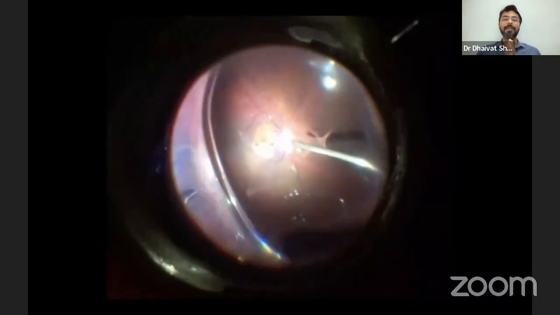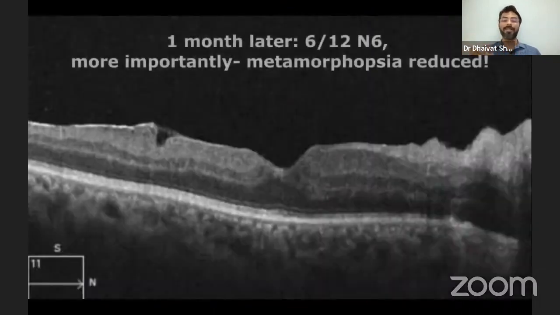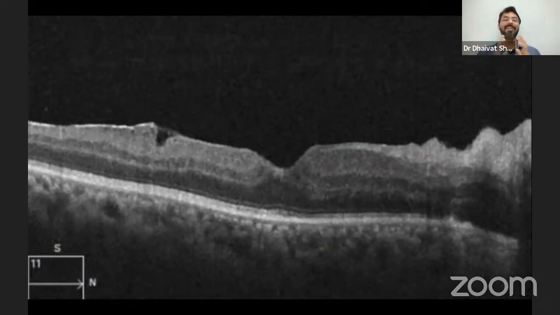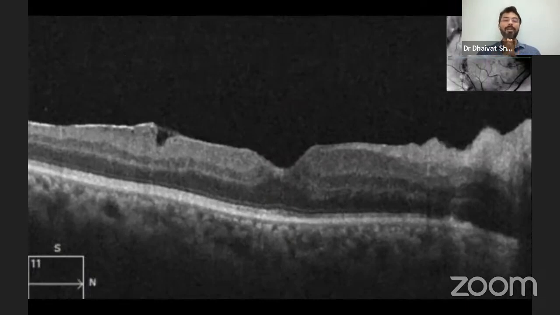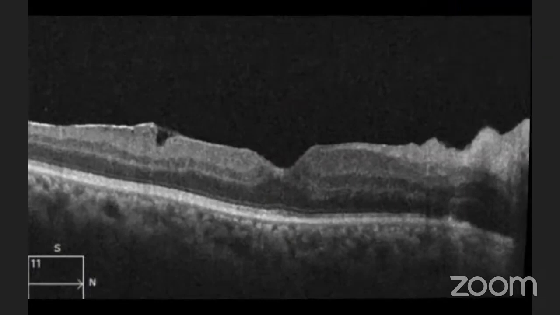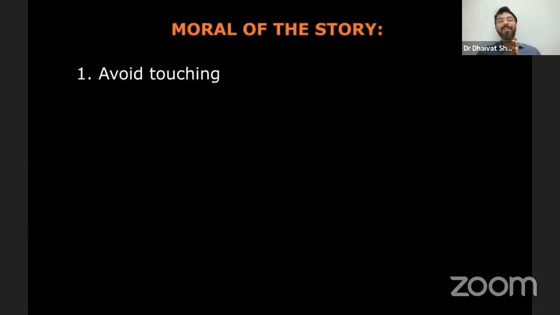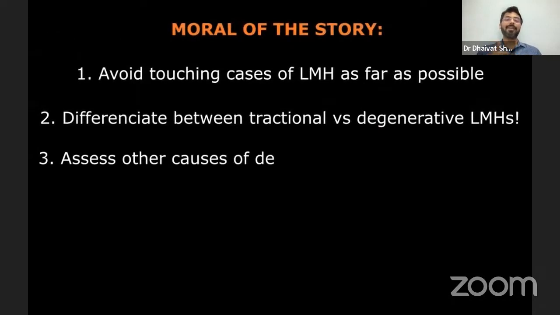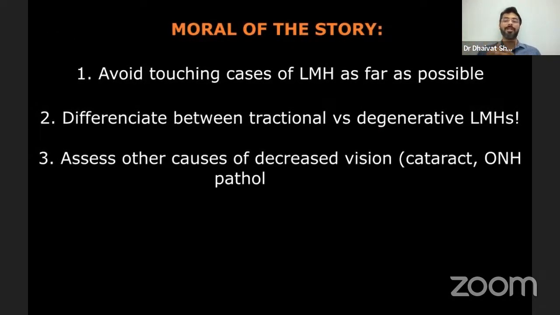To my fortunate surprise, he was absolutely symptom-free after 1 month. Not that his vision had improved much, but the metamorphopsia component had gone and the foveal contour was restored. So what I feel is lamellar macular hole for a retina surgeon is a very tricky situation where you want to operate these cases only when the patient is extremely willing for it, or there is extreme metamorphopsia or consequent vision loss on subsequent visits.